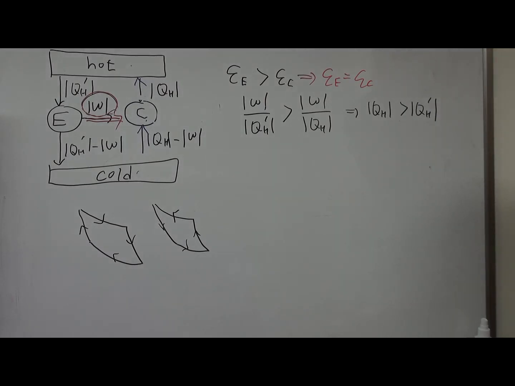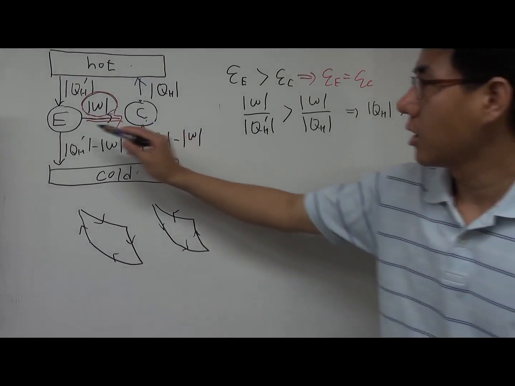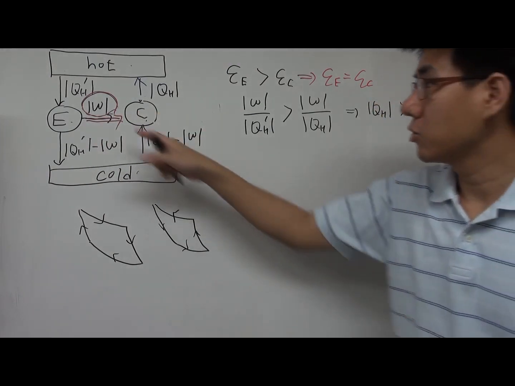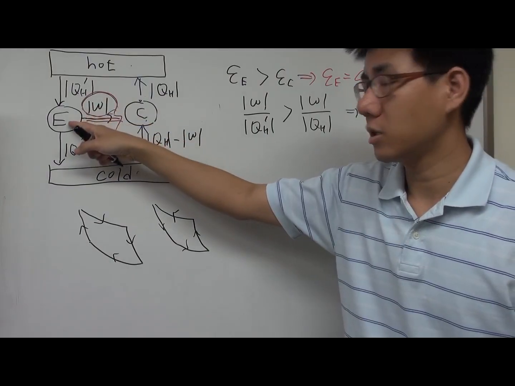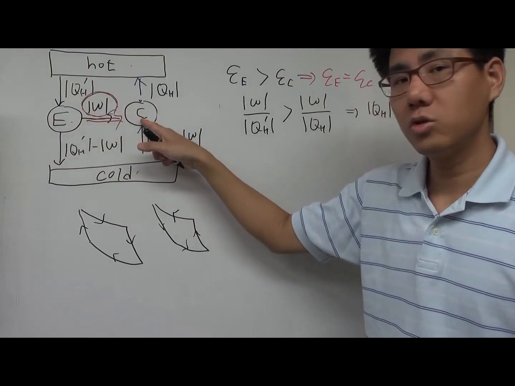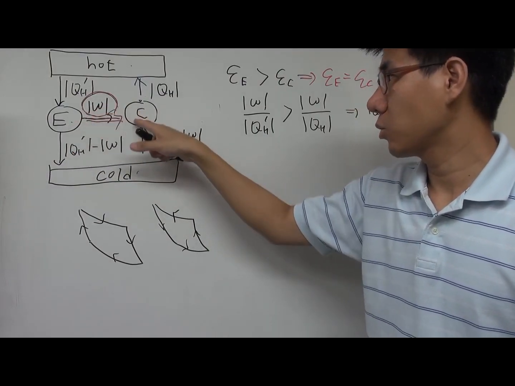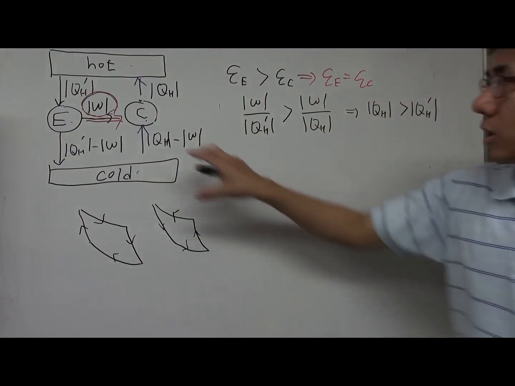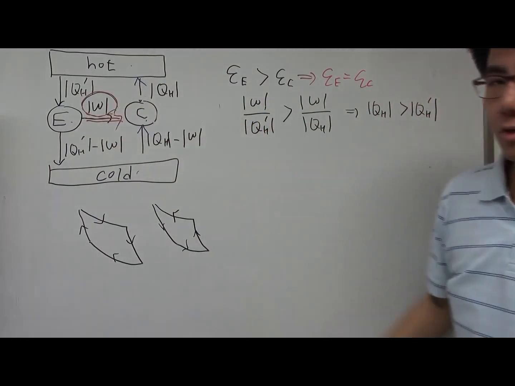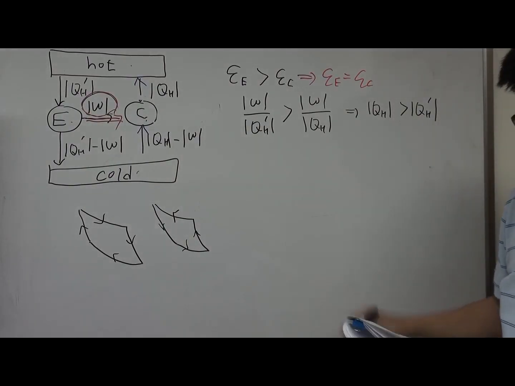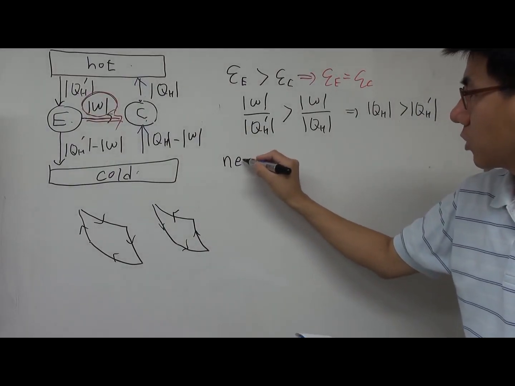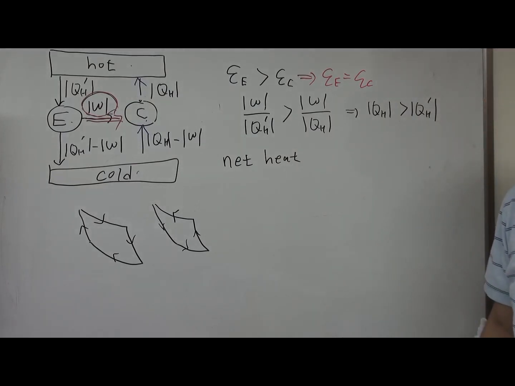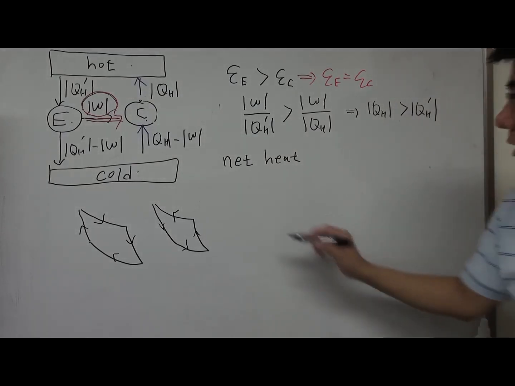Alright. So we run both engines together, using the work generated by this engine to run this Carnot cycle backwards. If you combine these two engines together, we can calculate the net amount of heat flow between the hot and cold reservoirs.